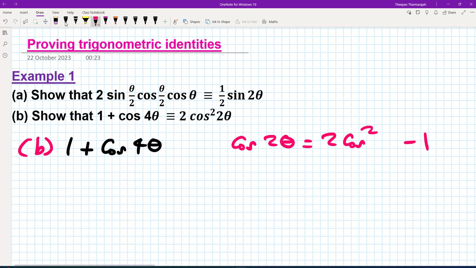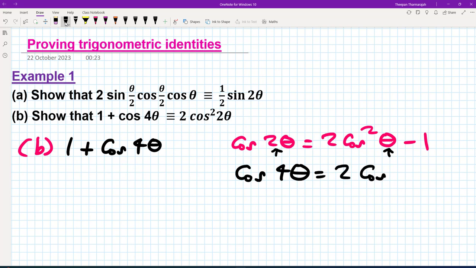So now that I have that, I want cos 4 theta. So remember that this theta is half this 2 theta here. So this must follow the same pattern. So it's going to be 2 cos squared. We half 4 theta, which is 2 theta minus 1.